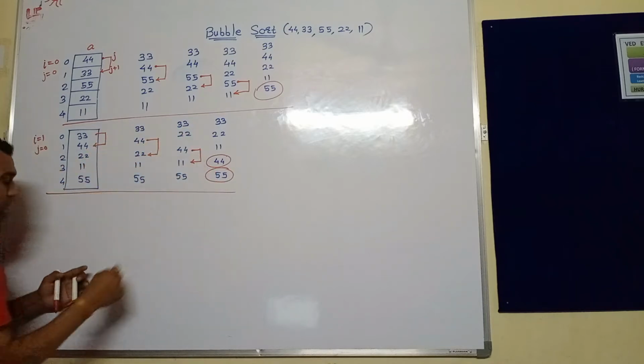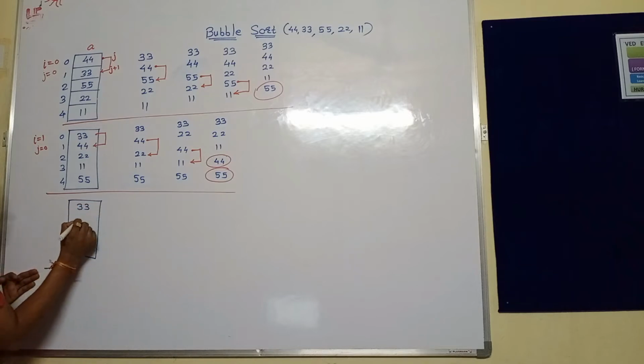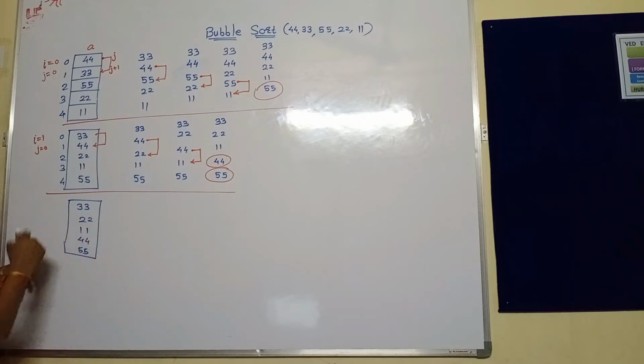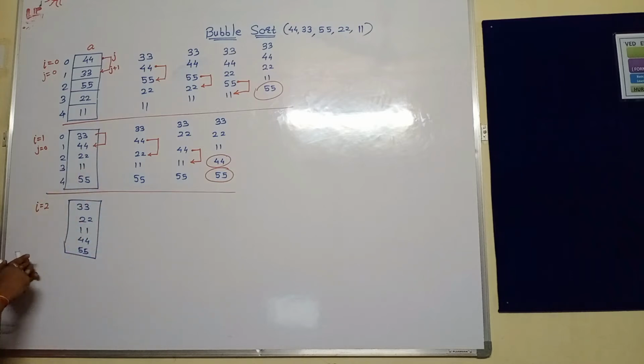Now what do we have in the array again? i is increased to 2. We always start the j variable at the 0 index.